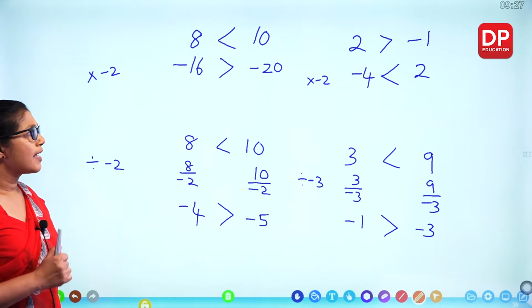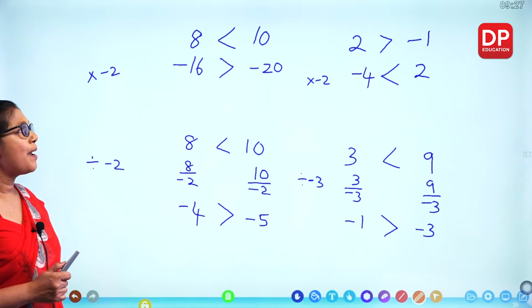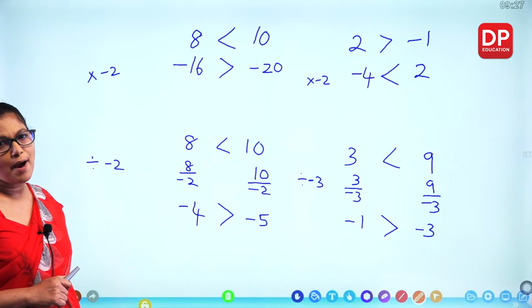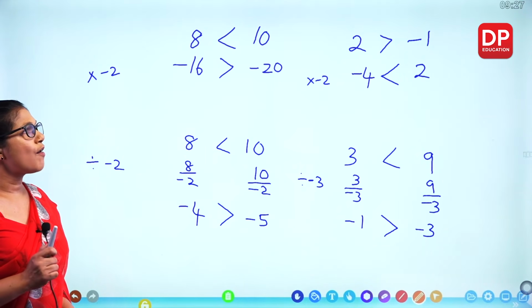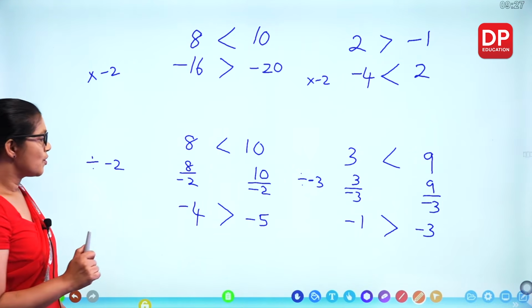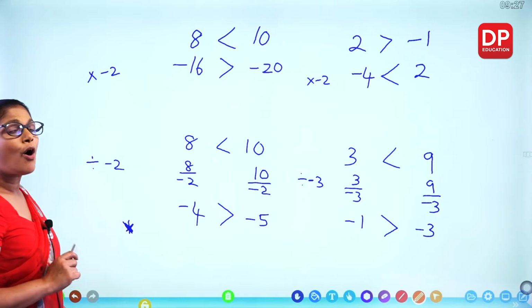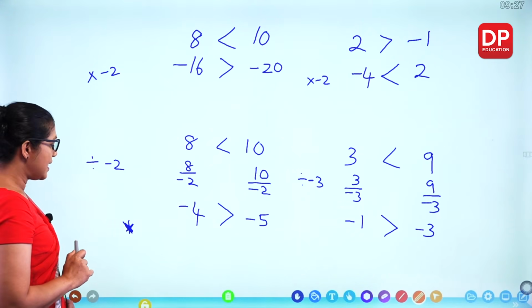So what can we say now? When you are multiplying or dividing by any negative number, the sign of the inequality changes. So here I'll write, this is the other important rule in inequalities.